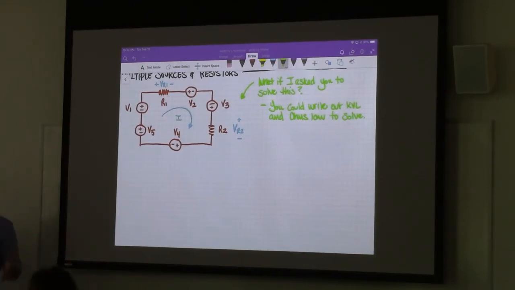You could write out KVL and Ohm's law to solve. That would be similar to the way that we've done it in the homework.